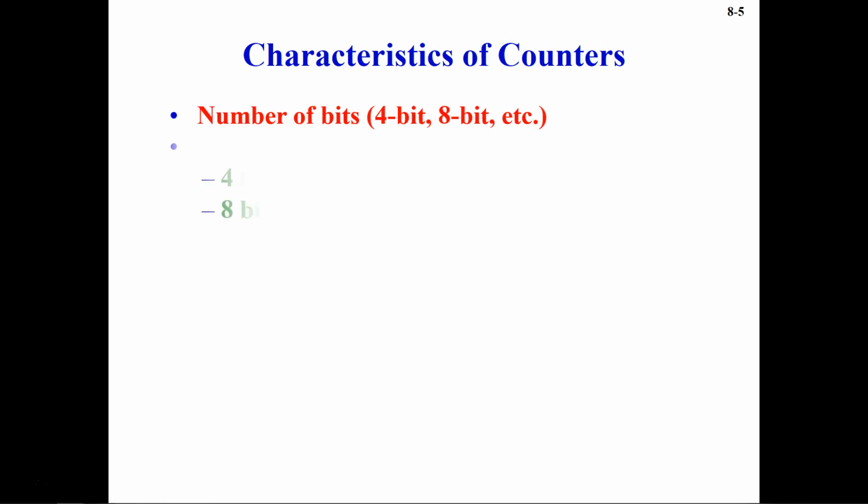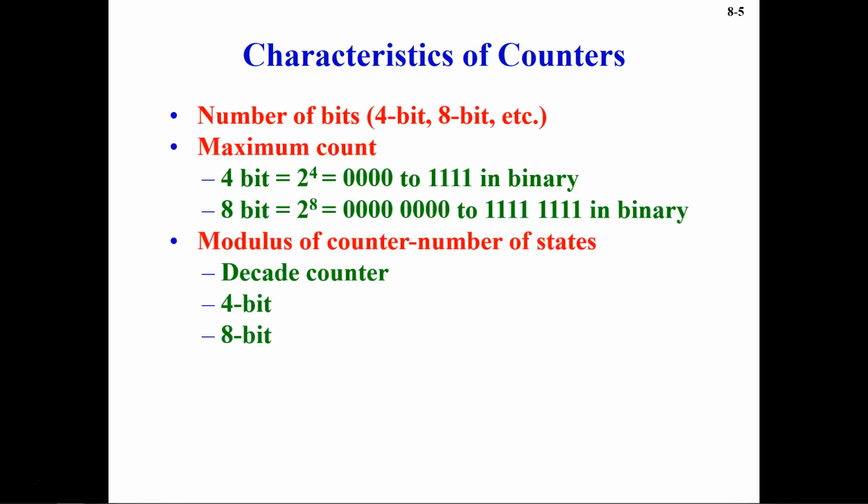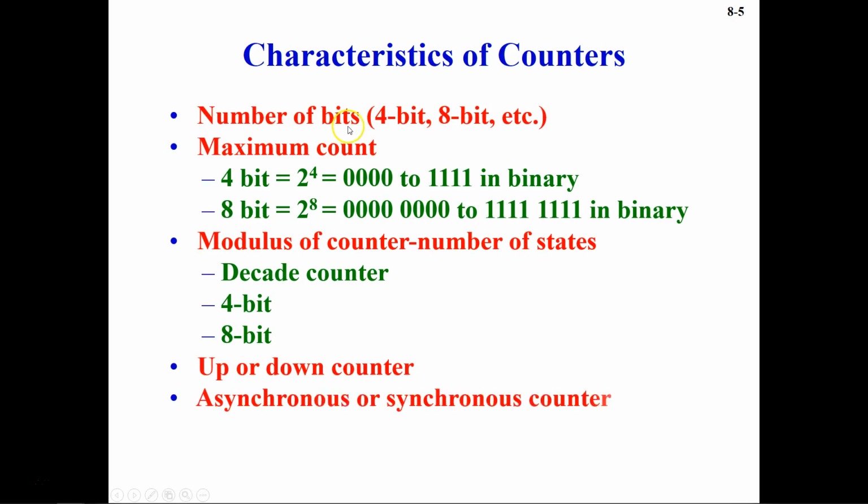Now next is the characteristics of counters. We have the number of bits: 4 bits, 8 bits, and we can use 32 bits, 64 bits in a counter. Then the maximum count: 4-bit is 2 to the power 4, which means 16 different combinations we can have in the counter. If you are using 8-bit, then you will have 2 to the power 8 different combinations.